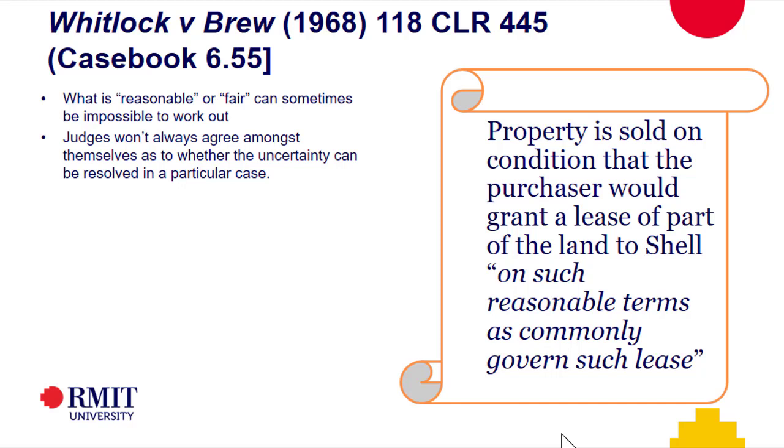In this particular case, the plaintiff, I think it was a plaintiff, went to purchase a property, and the terms of the contract said that the property would only be sold to a purchaser who was prepared to grant a lease of that property to Shell, a third party, on such reasonable terms as commonly govern such leases.